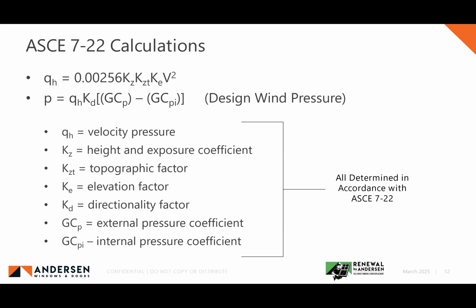Ultimately, we're looking for design wind pressure, but then we have all these parameters to put in: the height and exposure coefficient, the topographic factor, which typically doesn't apply in Florida but might in a few areas, the elevation factor, directionality factor, and then the external and internal pressure coefficients. A lot of these vary depending on the size of the window, the size of the door, whether it's zone 4, whether it's zone 5, those sorts of things. So it gets pretty complicated to figure out how to calculate a design pressure using ASCE 7.